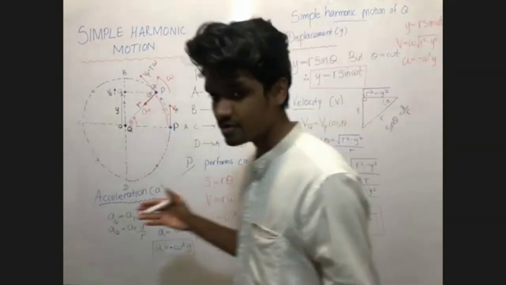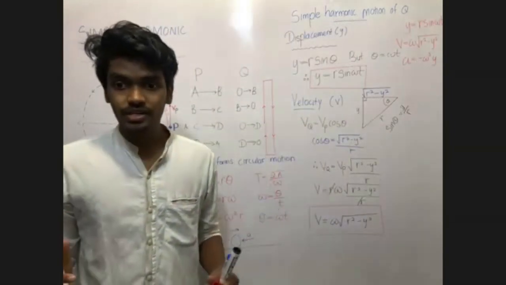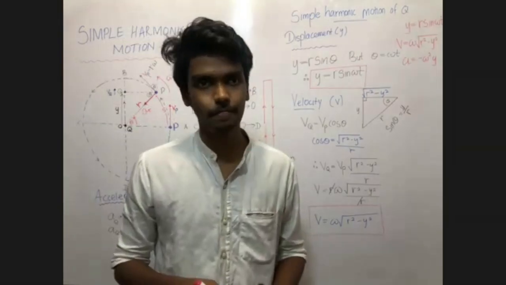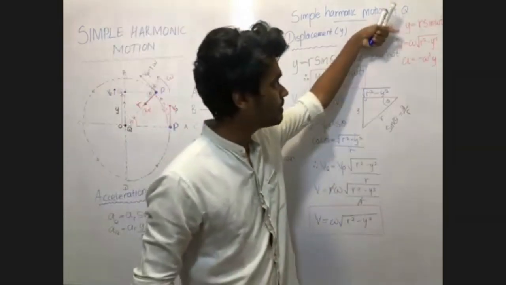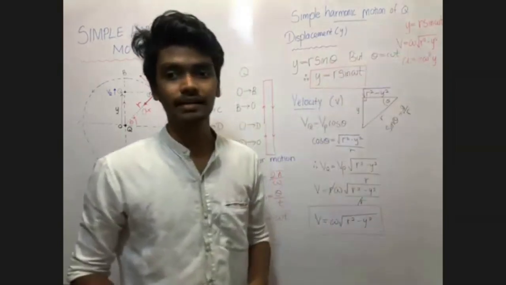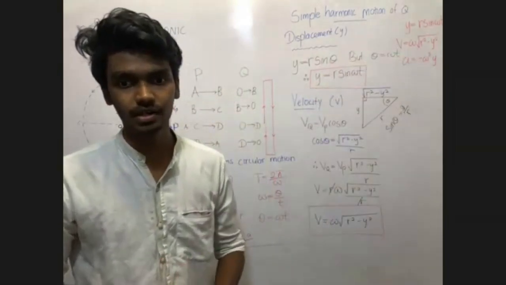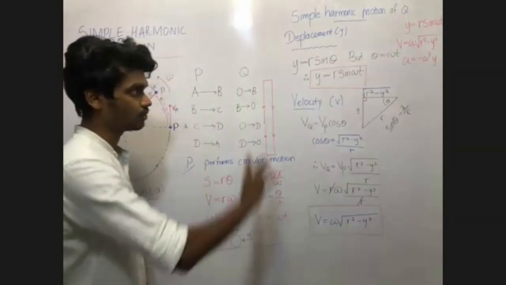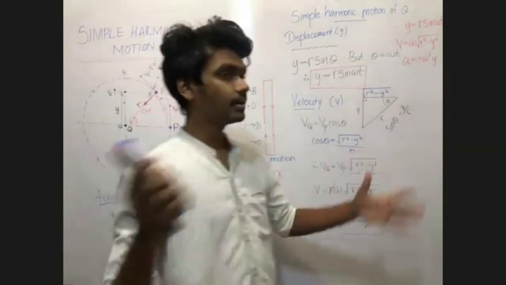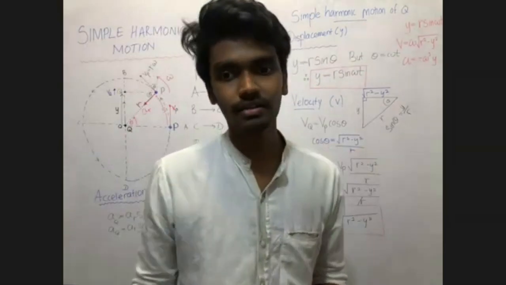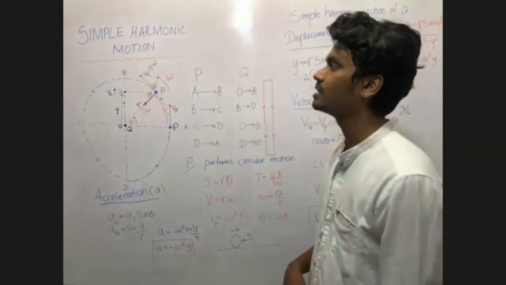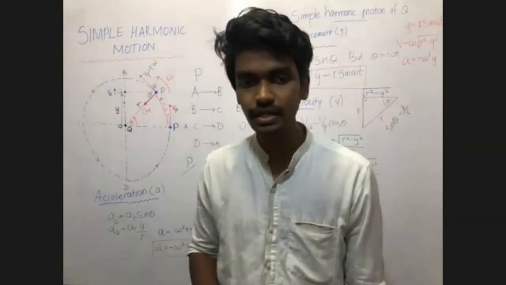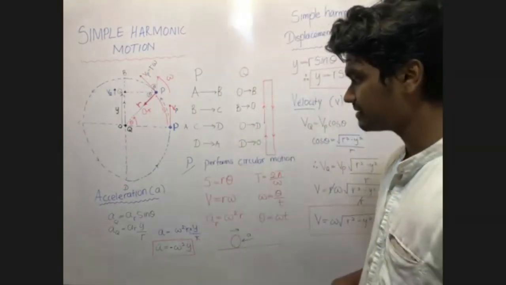So now we have equations to deal with simple harmonic motion: displacement, velocity, acceleration. Now we can deal with questions related to simple harmonic motions. Before we move on to that, I guess that is clear.